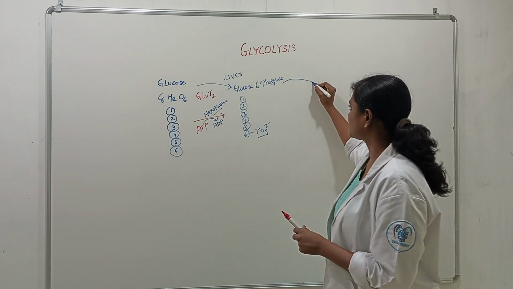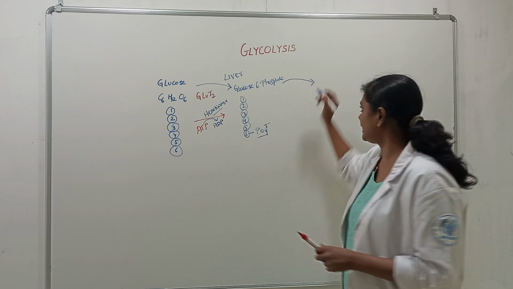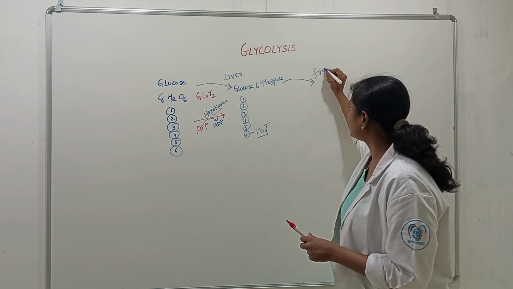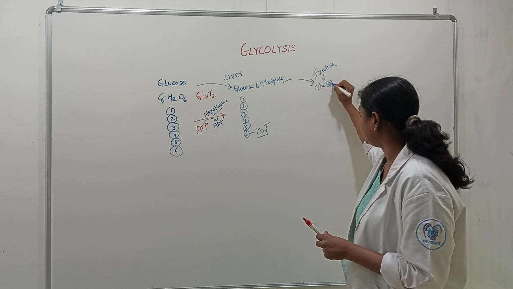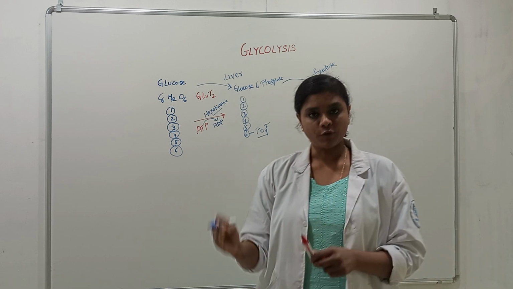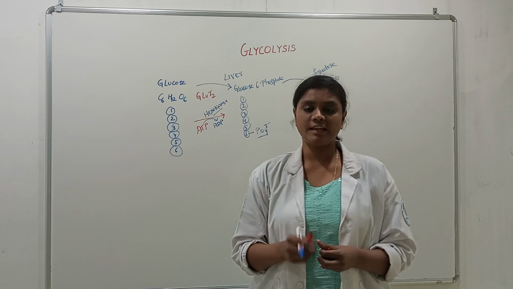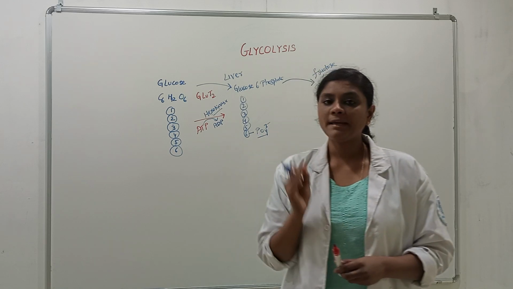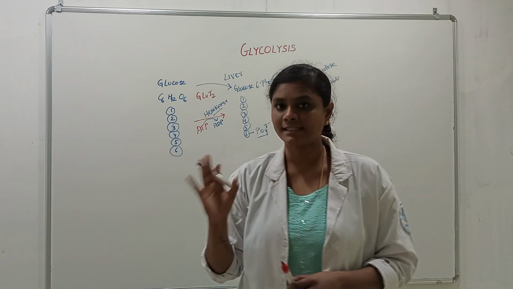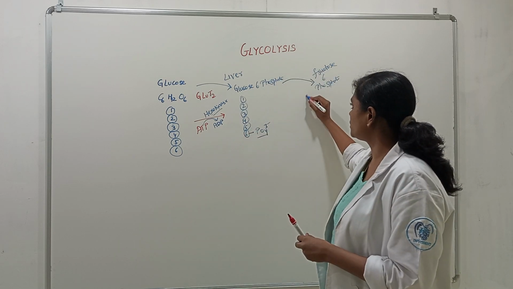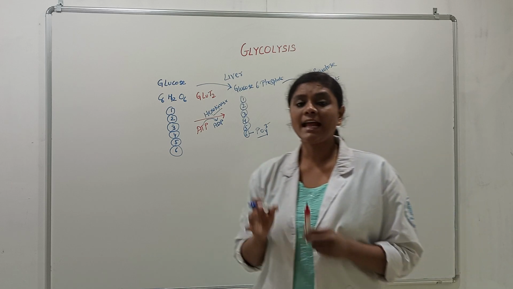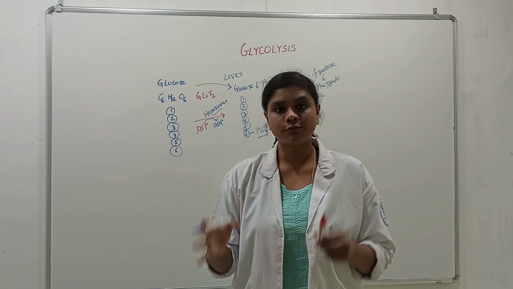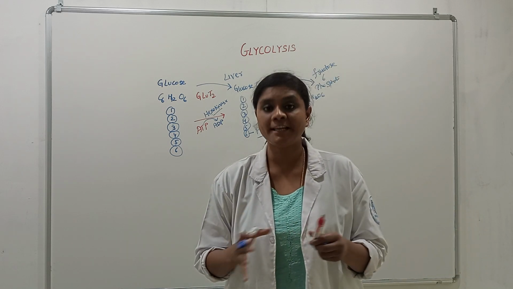Now, glucose 6-phosphate is getting converted into fructose 6-phosphate. Glucose and fructose are isomers of each other, meaning the chemical composition remains the same. Even for fructose, it is C6, H12 and O6. All that differs between glucose and fructose is the chemical arrangement.